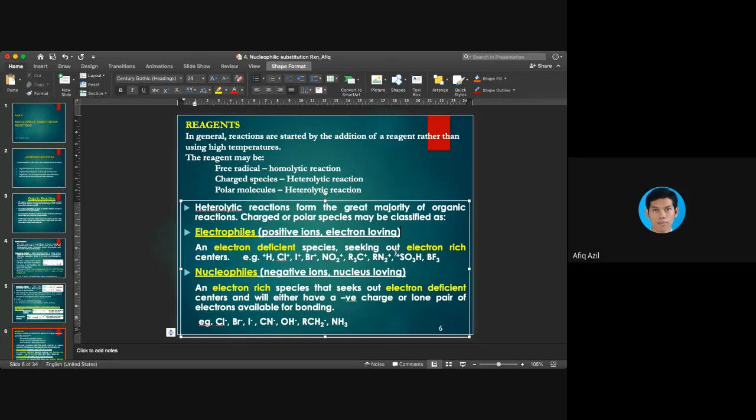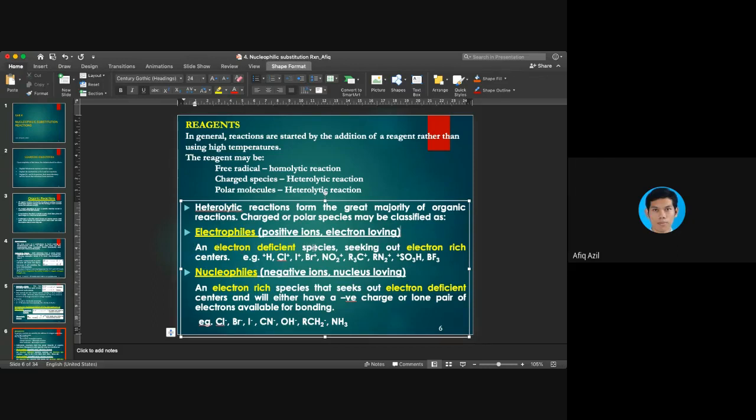As you can see over here, you have boron trifluoride, which is neutral.